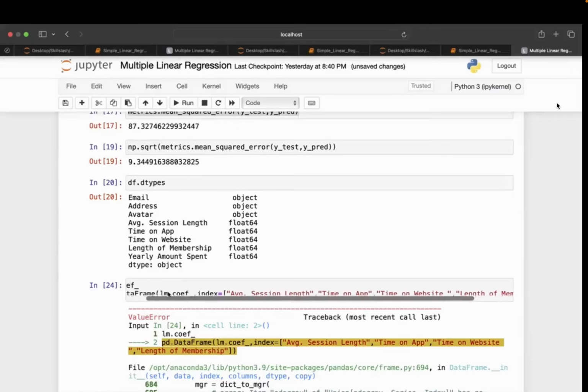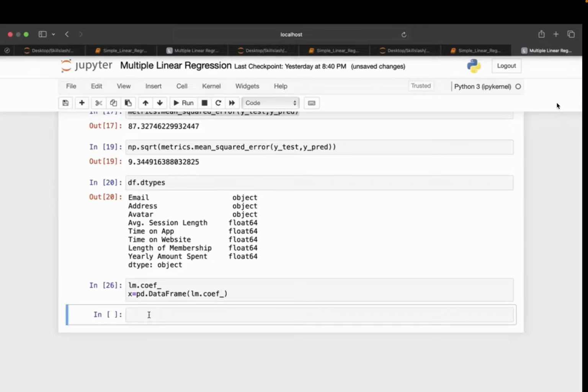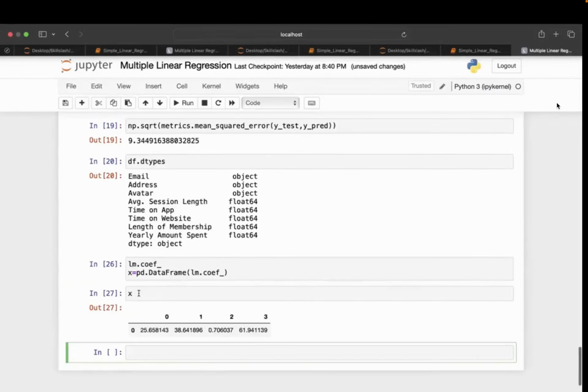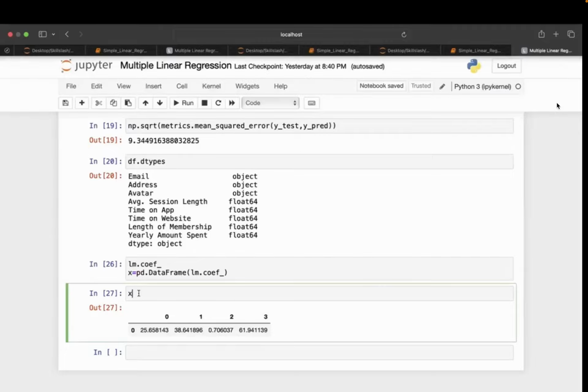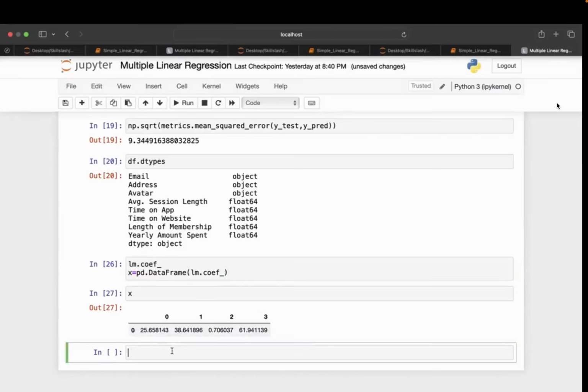Why is this picking the column name? No issues. Let's convert that into a column itself. Let me store this data frame somewhere else, or I can modify it. I have to rename the columns, right? I guess we don't have a columns variable here. Okay.